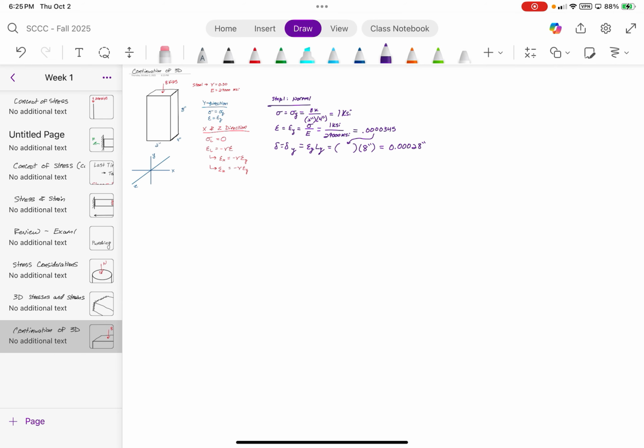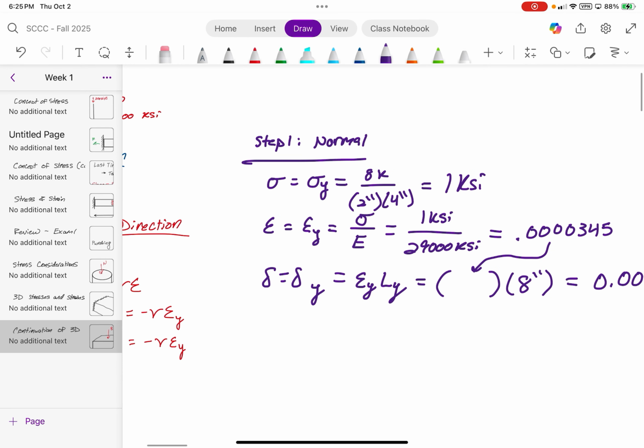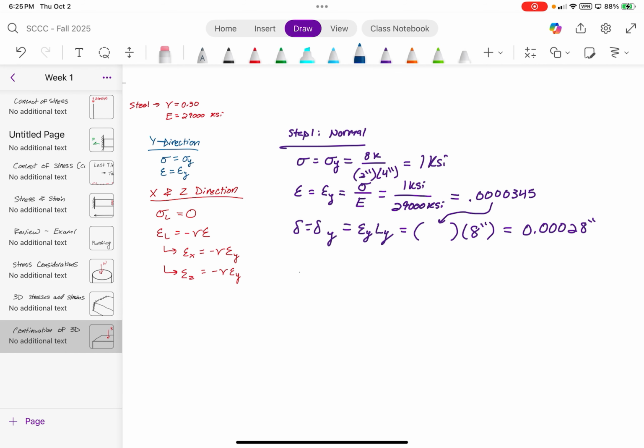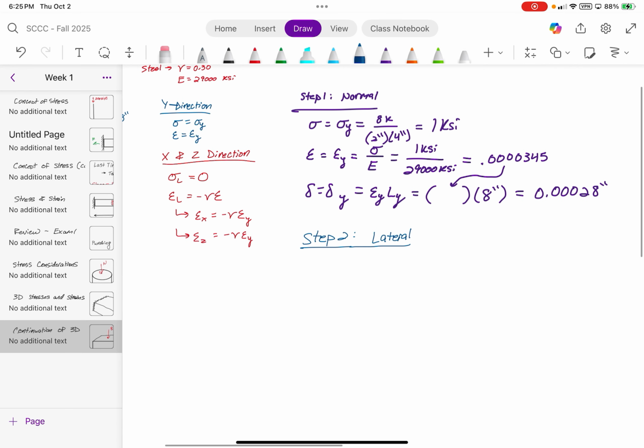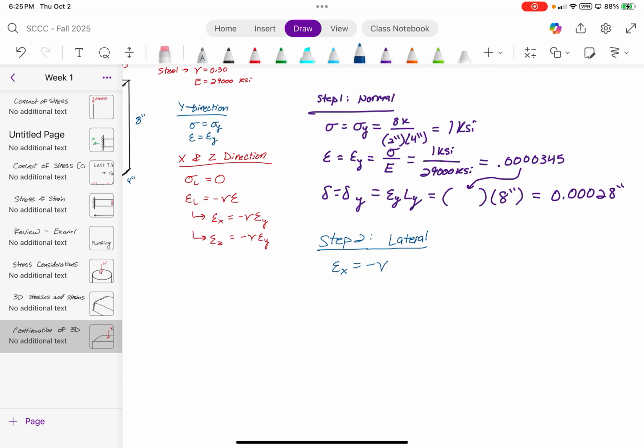The next step now is if we wanted to find the lateral strains, step 2, lateral. The way we find the lateral strains is going to be epsilon x is equal to negative Poisson's ratio times what? Epsilon y, right?